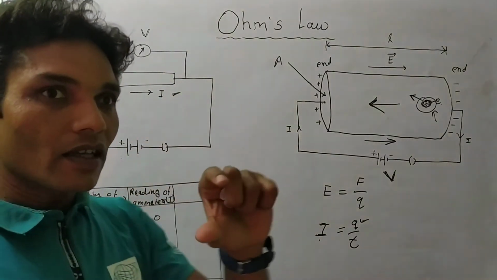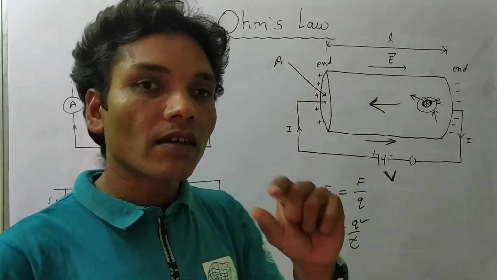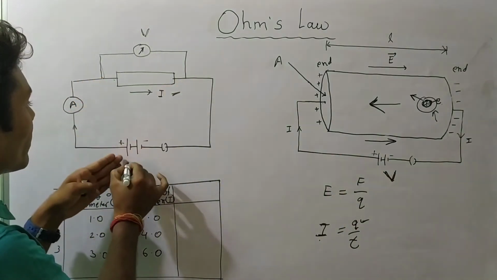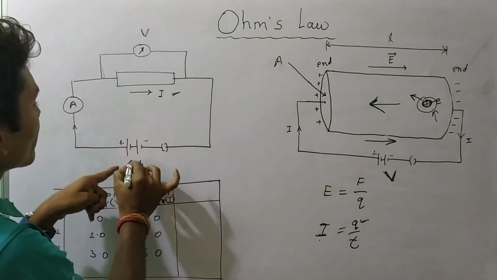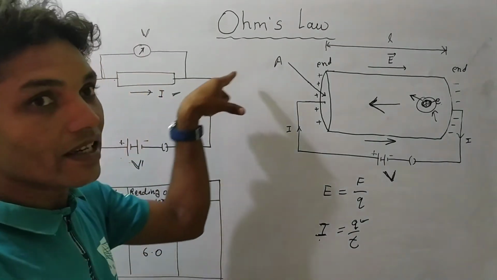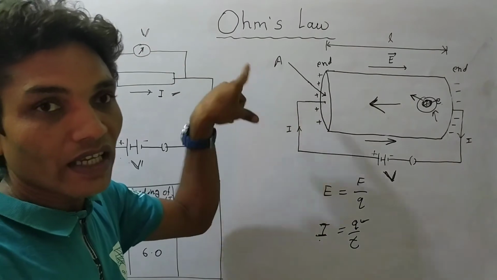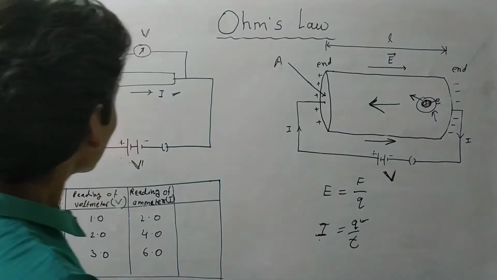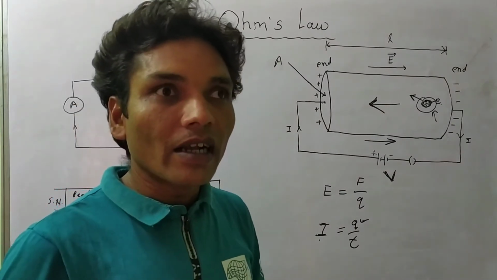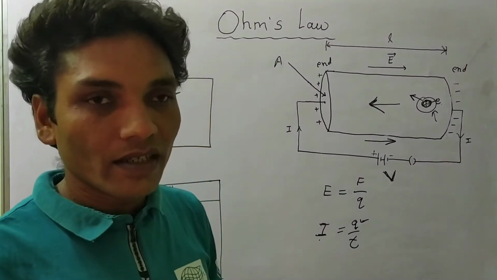He studied that when he increased the potential difference across the terminals with the battery, the current also increased. Again he increased the potential, and the current also increased.